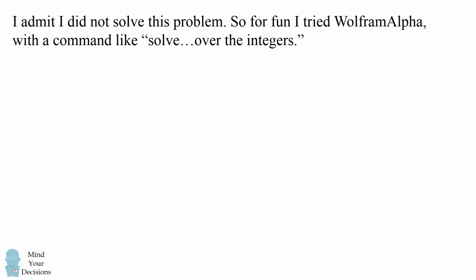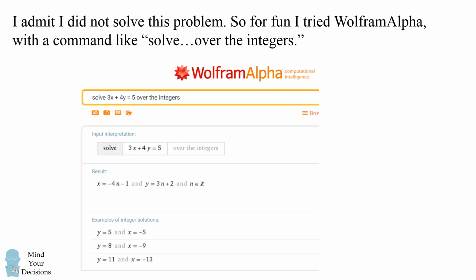So how can we solve this equation? Well, I'll admit that I did not solve this problem, so I resorted to WolframAlpha. You can solve equations for integer solutions. For example, if you type solve 3x plus 4y is equal to 5 over the integers, WolframAlpha will give you examples of integer solutions.